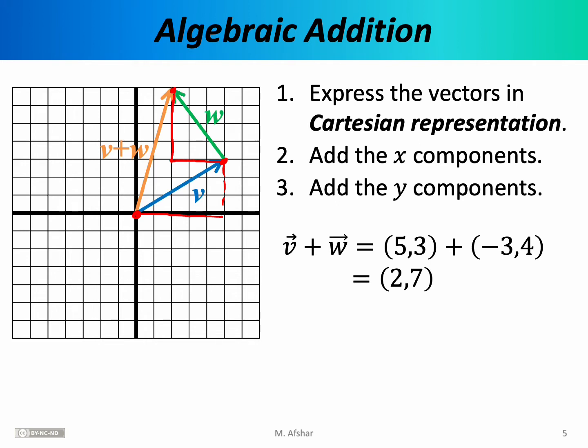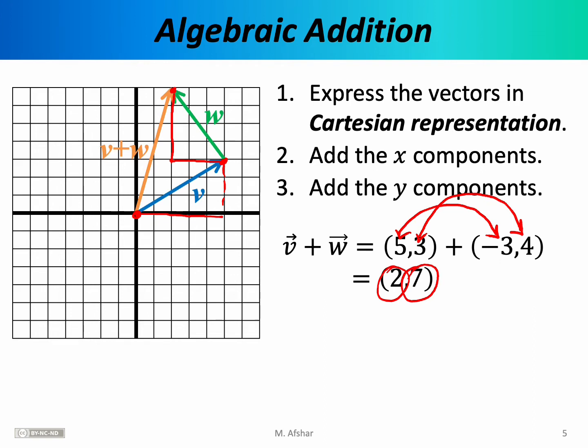So here I've written v and w in their Cartesian representation, and now I'm ready to add them. I'm simply going to add the x components together. So 5 plus a -3 gives me 2. And then I'm going to add the y components together. So I have 3 plus a 4, which gives me a 7.